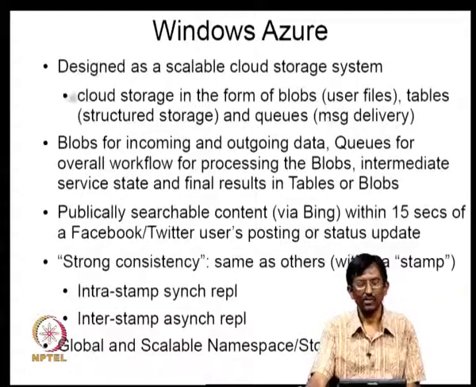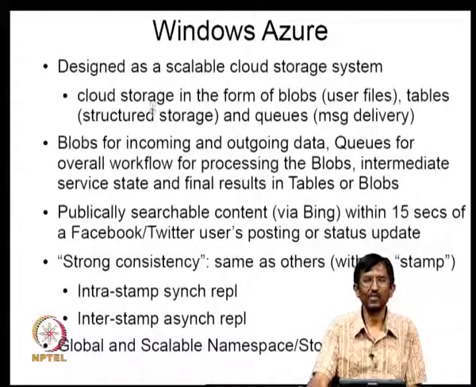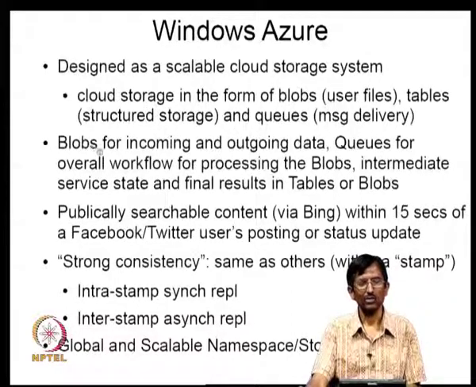So basically, in this system, you have blobs for incoming and outgoing data. Again, this is similar to the case of Big Table. You notice that incoming data goes into mem tables, then is stored persistently into SST tables, etc. Similarly, there's some kind of log structure going on there.